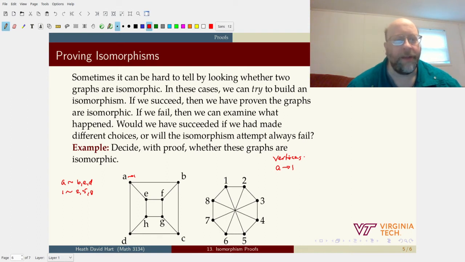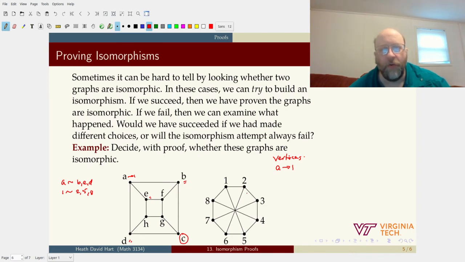So B, E, and D have to match in some order to 2, 5, and 8. But looking ahead even further, B and D both connect to the same vertex, C, but E does not connect to C. And so is there a vertex that will help me identify which ones are B and D?